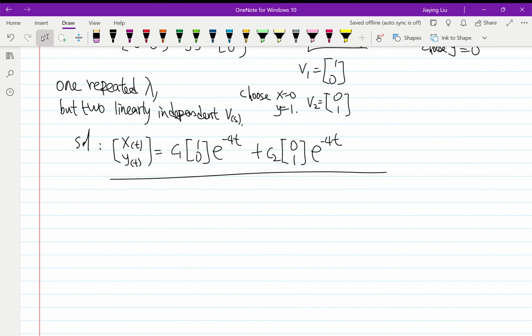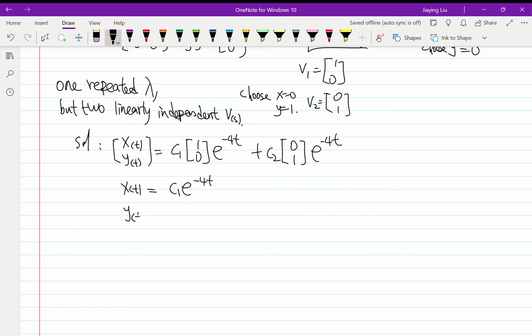Questions? So nothing different there, really just following what we have done in the past. If you break this down into scalar form, we get x of t, which is just c1 e to the negative 4t.